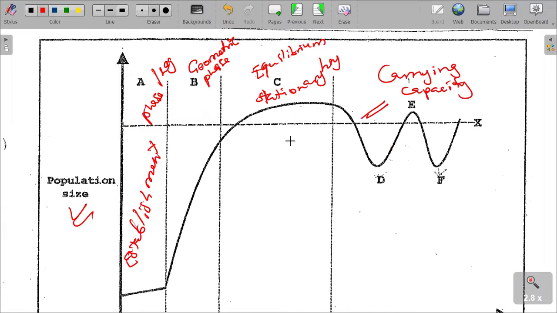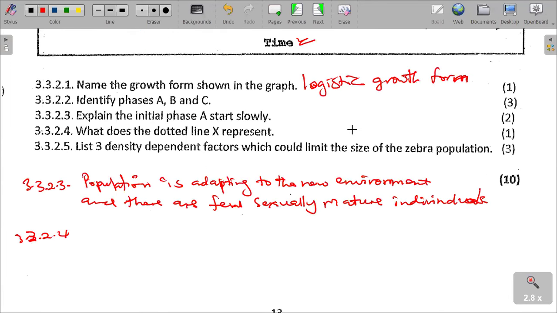Carrying capacity is shown by the dotted line.